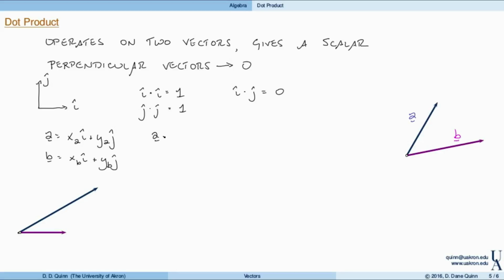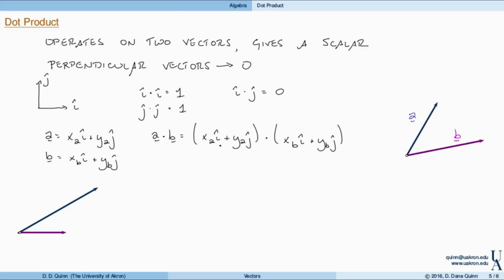So A dot B is xa i plus ya j dot xb i plus yb in the j direction.